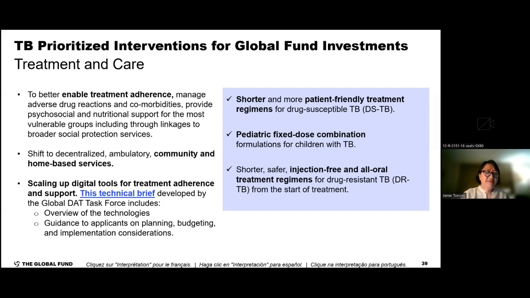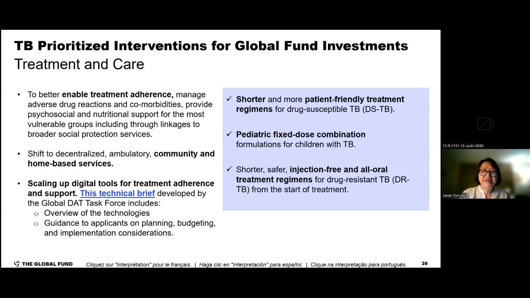So if those are options that make work more efficient, then I think that is a good way to do. There is a technical brief specially developed by the Global Fund Task Force, which you may look at with the link provided there.